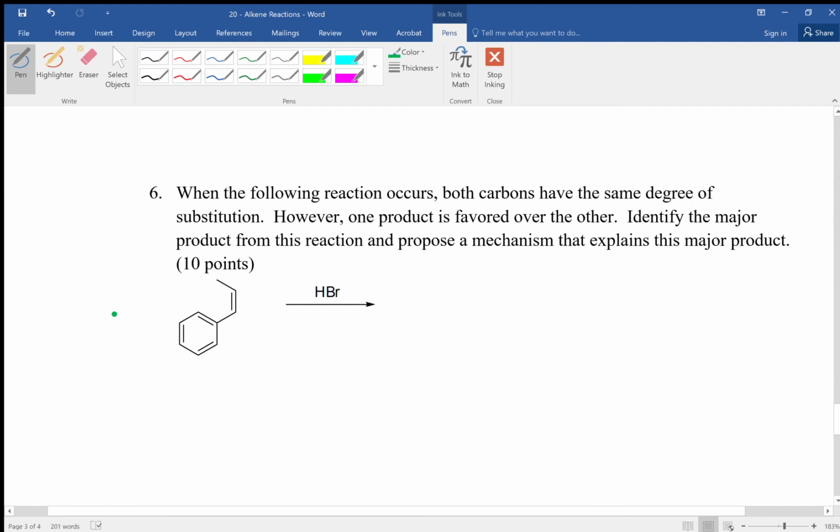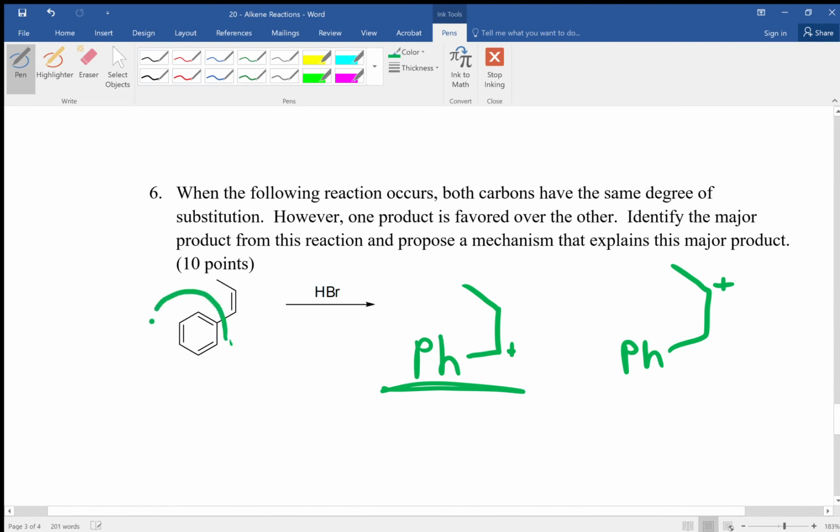All right, question 6. We're saying that both carbons of our alkene are secondary, but which one's going to be favored? Well, if we look at the carbocations that form, they're both secondary. But the one on the left is stabilized by the resonance from the aromatic ring.